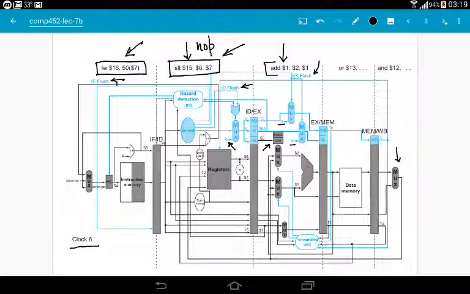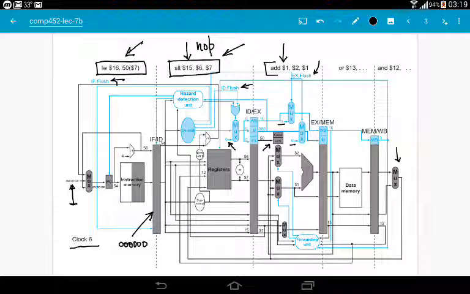If the flush signal is asserted, this is going to make the opcode in this pipeline register all 6 zeros. The 6-bit opcode will be set to all zeros, and this instruction will also be converted into a no-op, and then it's going to load this value into the program counter.